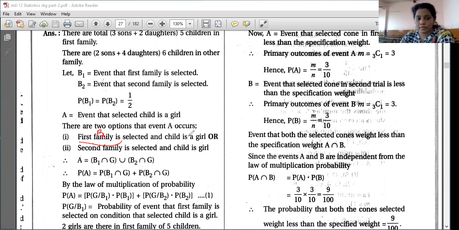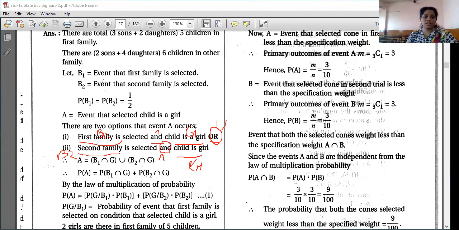B1, and intersection, and the child is a girl, that is G. And union, same thing, second family B2, and intersection, and girl child means G. Okay.